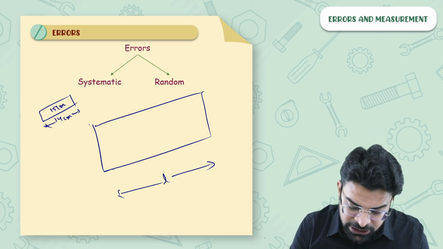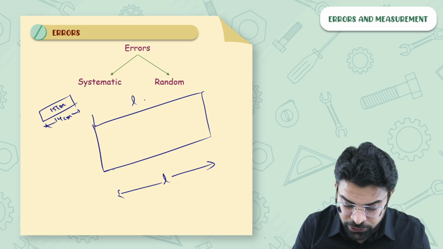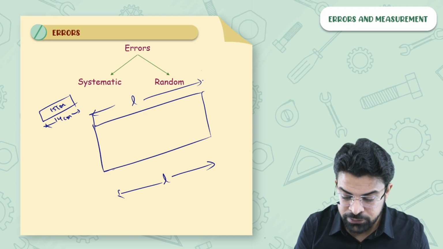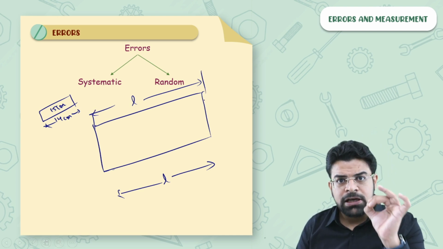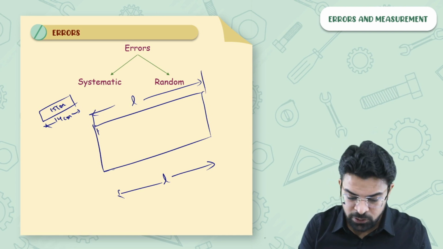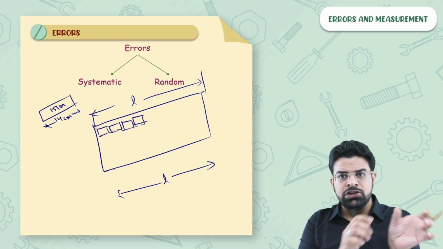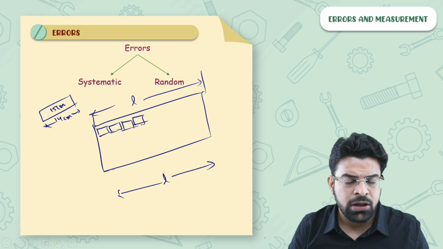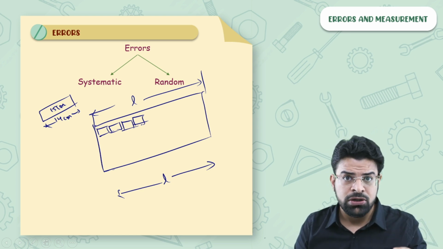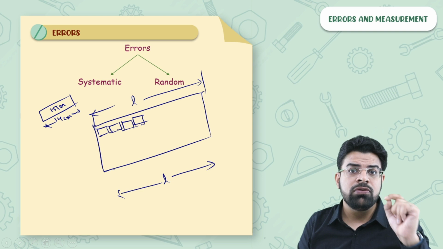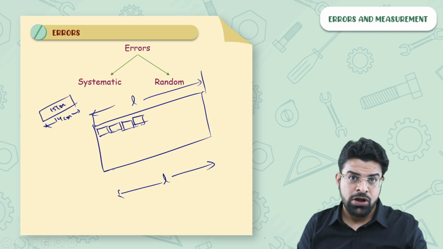If you are measuring the length of this table using this scale, no matter how many times you take the reading, once, twice, or even 1,000 times, as your instrument is wrong, every single time you will get an error.